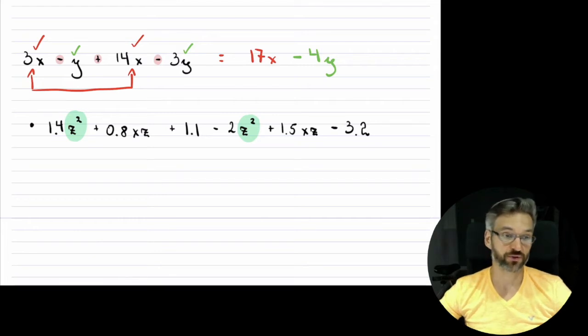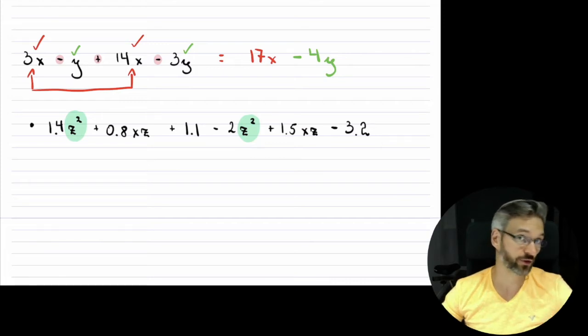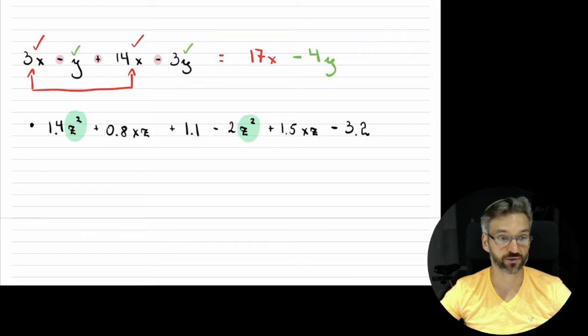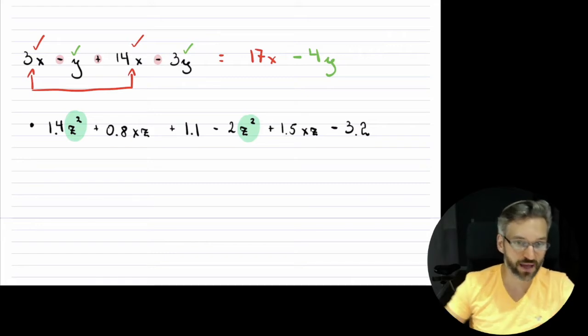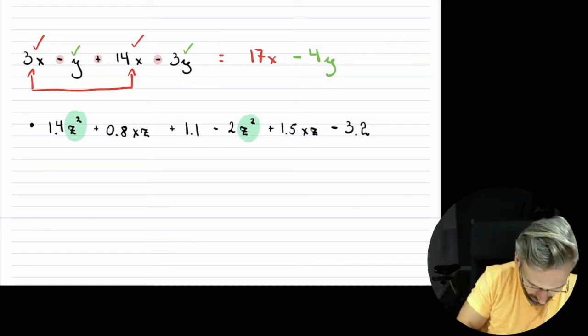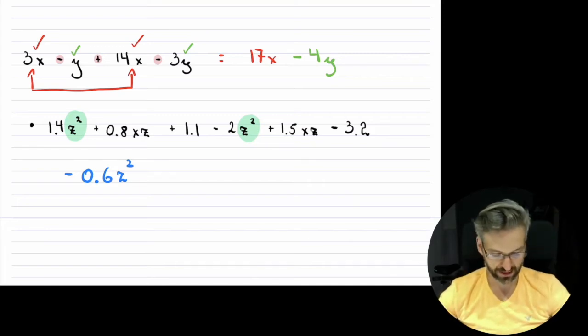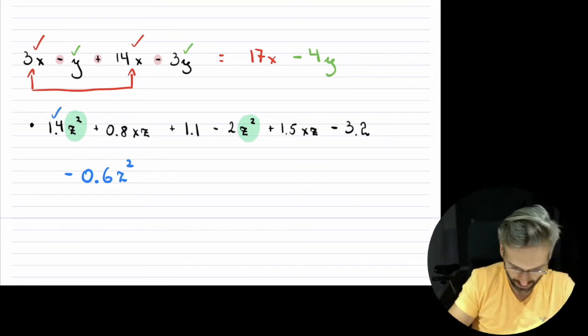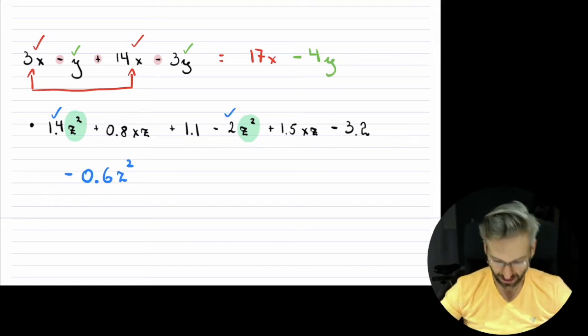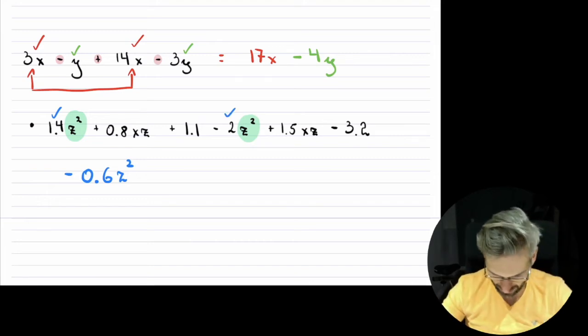So you can either write it on the side. I don't know if you're allowed to use calculators or not, but that's something that you should be able to do. So this is actually -0.6 z squared, and that's because of the 1.4 minus the 2.